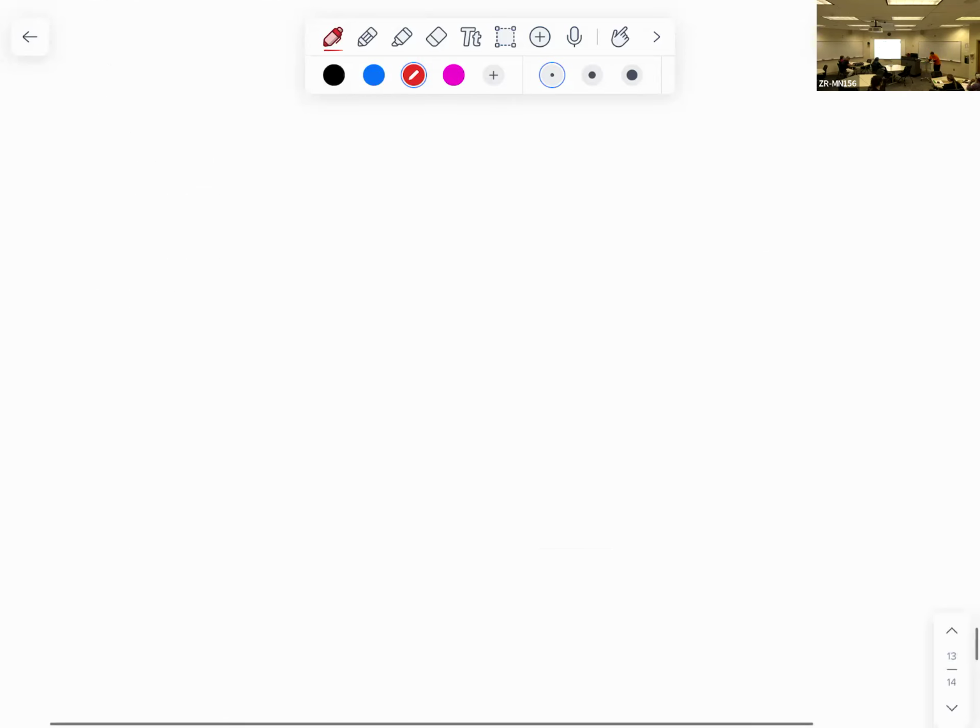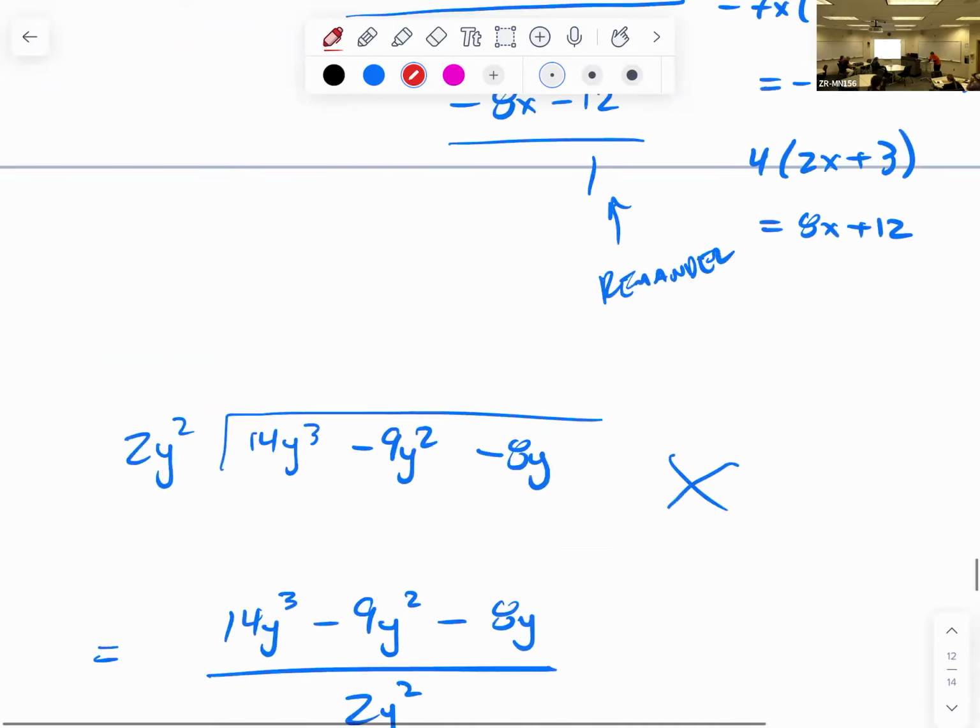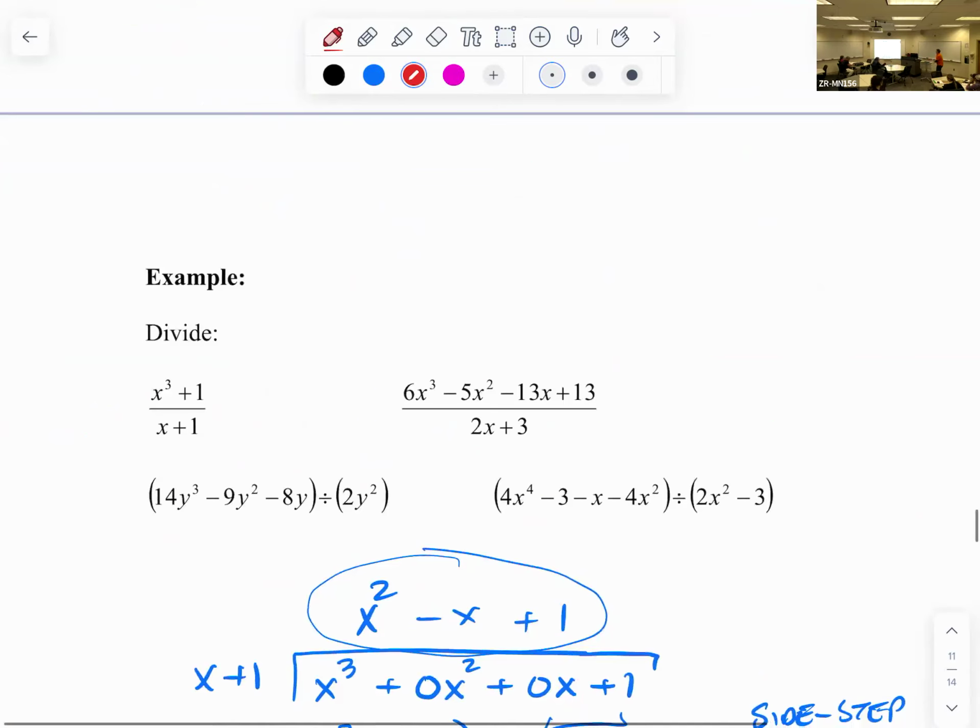Be aware of what we looked at before: x cubed plus 1 divided by x plus 1, I can do synthetic on that. We did polynomial long division on that, and now we're going to do synthetic division so you can see the two options. On these other two cases, 2x plus 3 and 2x squared minus 3, I cannot do synthetic division.